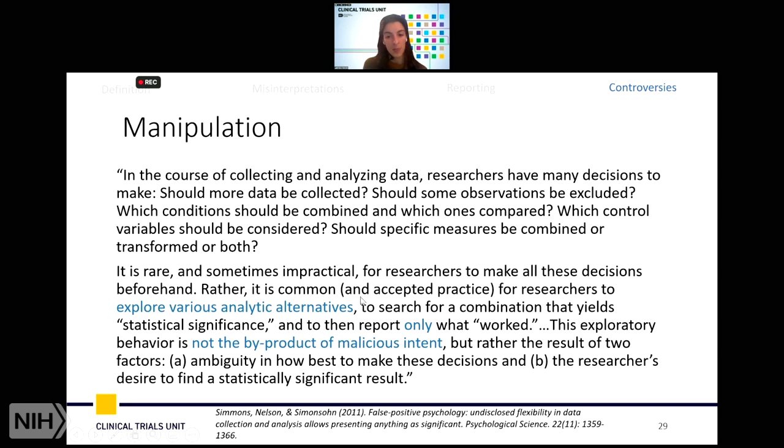Rather, it is common and accepted practice for researchers to explore various analytic alternatives, to search for a combination that yields statistical significance, and then to report only what worked. This exploratory behavior is not the byproduct of malicious intent, but rather the result of two factors: ambiguity in how best to make these decisions, and the researcher's desire to find a statistically significant result.